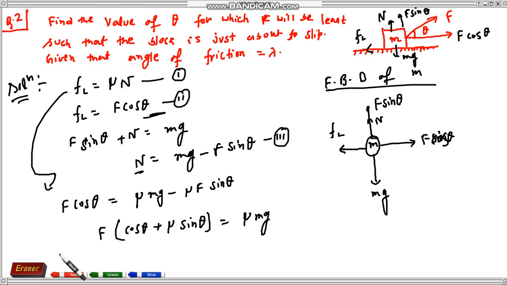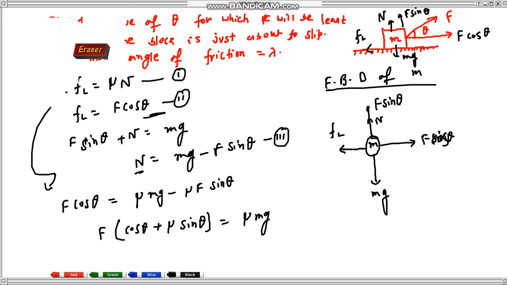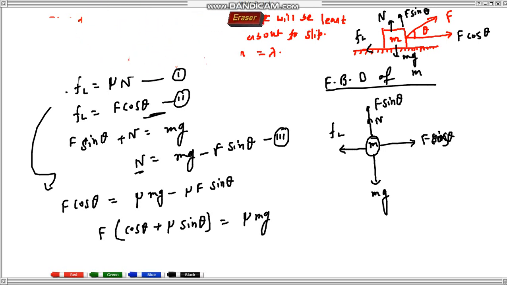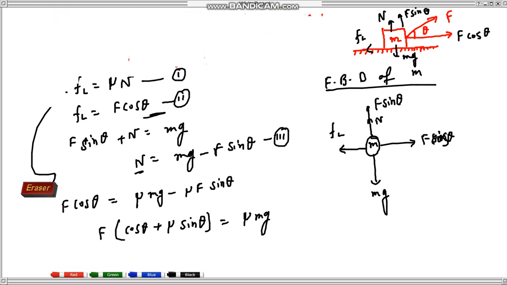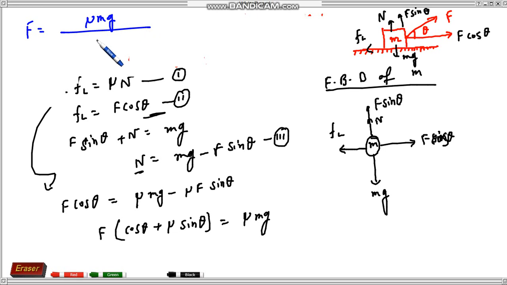So what will be F? Let me rub this portion. So F will be basically mu mg divided by cos theta plus mu sin theta.